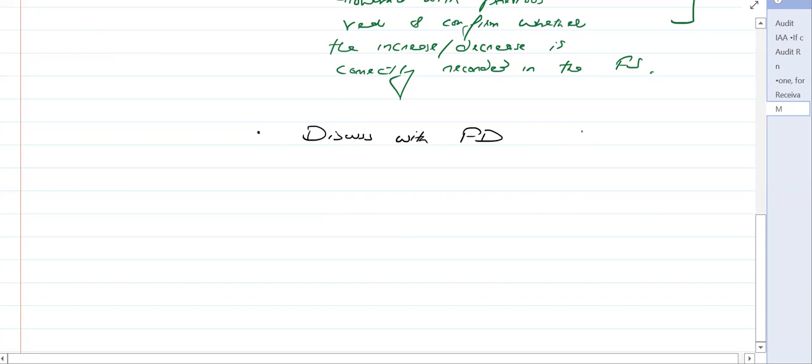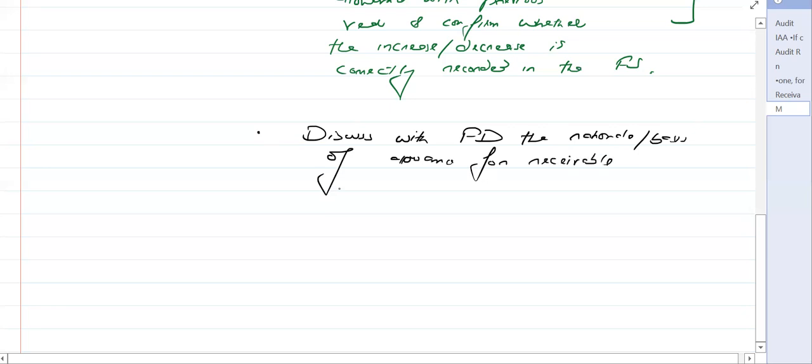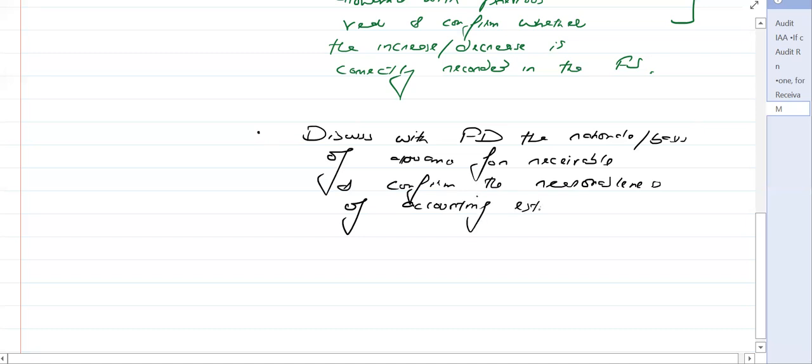Do not write FD. Discuss with finance director the rationale, or you can also call it the basis of allowance for receivable and confirm the reasonableness of accounting estimates.